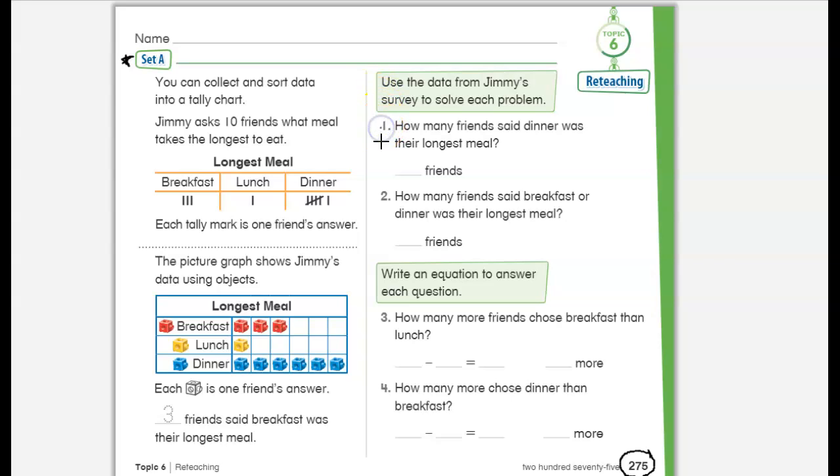Number 1 says how many friends said dinner was their longest meal. Look at our tally chart, find dinner, and count how many friends voted that it was their longest meal.